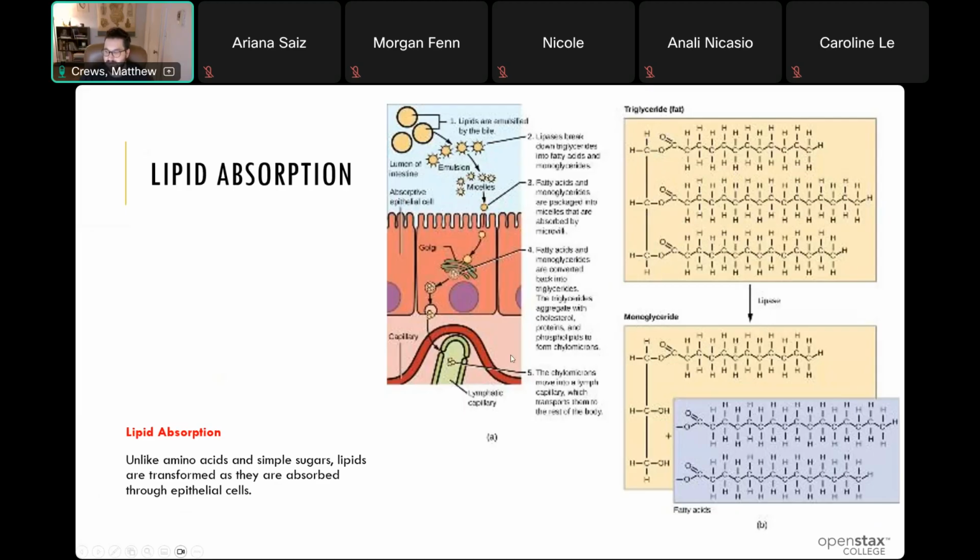What's the backbone? A glycerol backbone. Glycerol backbone. Yes. Sorry. Triglycerol. Okay. Yeah. So glycerol backbone and three fatty acid chains. Okay. So those are going to create what are called micelles.